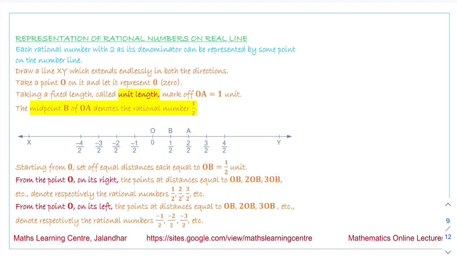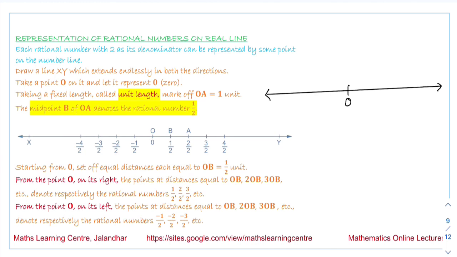Now the next thing we are going to discuss is the representation of the rational numbers on the real number line. Earlier we have seen how we can represent a natural number. We have just drawn a line. We have marked a point 0 over here, that is a neutral point or neutral integer.